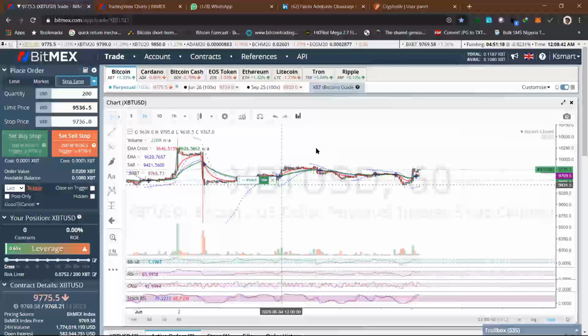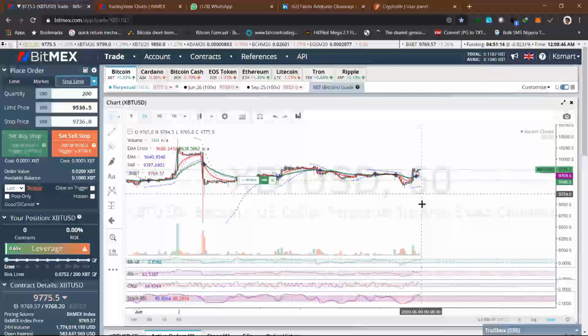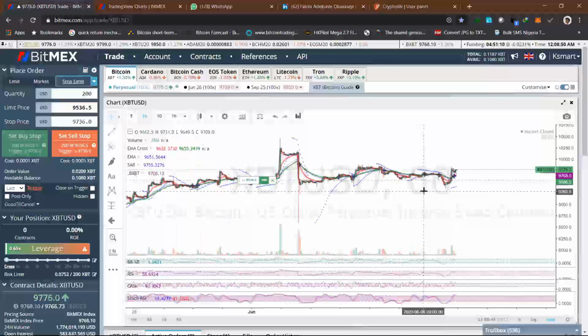So what I'm going to be doing right now is placing my stop loss. Another thing I told you guys is, if you're going to be placing a stop loss, don't place your stop loss too close to the support. Look at the support right now: the current short-term support is around 9,300.